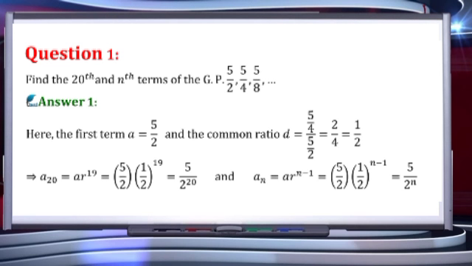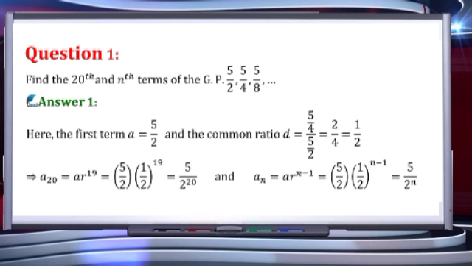So our common ratio is 5 by 4 whole divided by 5 by 2, that is next term divided by the previous term. That gives us the common ratio. So that comes out to be 1 by 2.